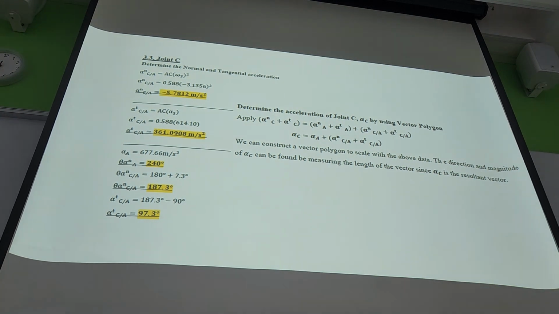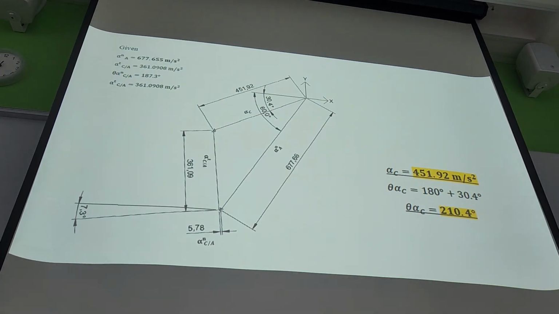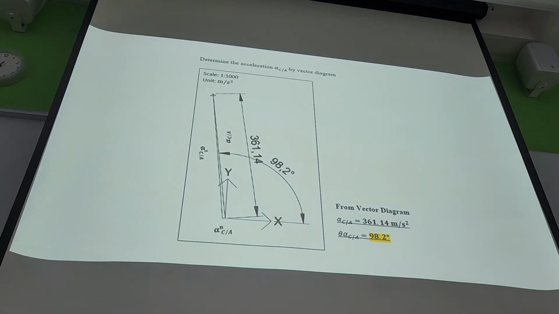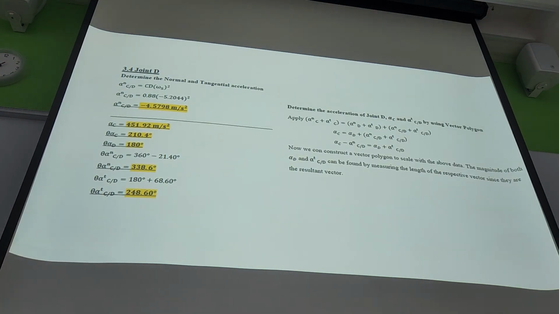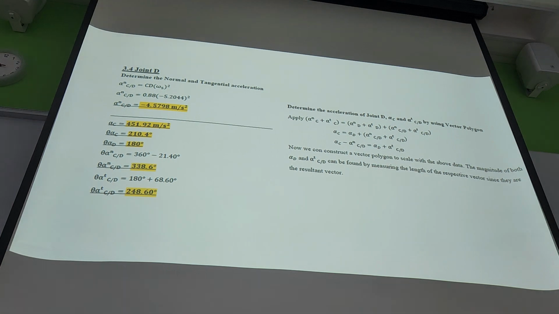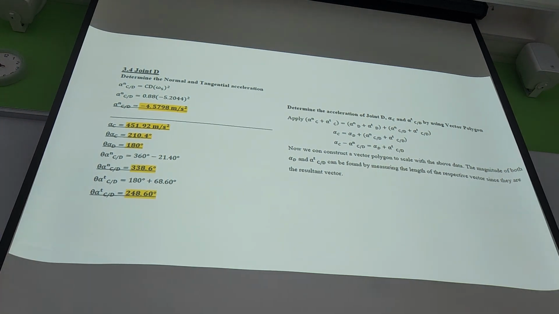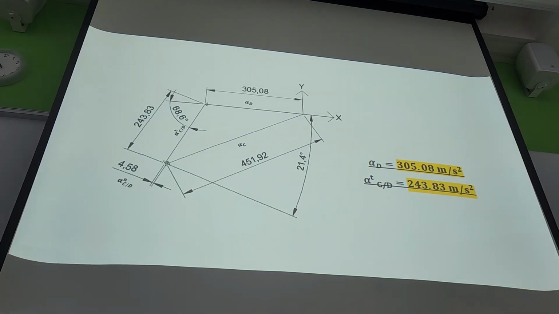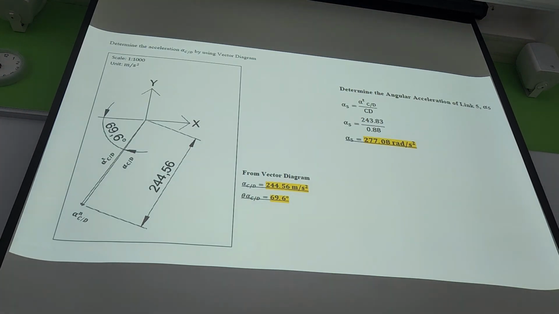Then you will be drawing another acceleration polygon, then you can calculate the unknown things, then join D. Now this is your linking point C and D. So acceleration of C is equal to acceleration of D plus acceleration CD. You need to draw another acceleration polygon, then find out the unknowns.